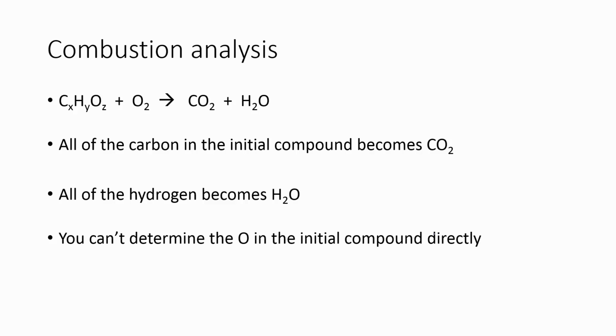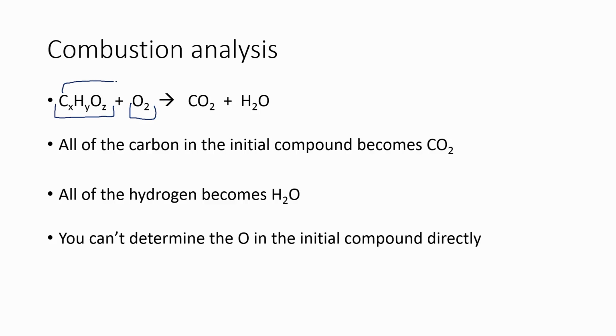There's one more type of analysis that does the same type of process to find the empirical formula, and that's combustion analysis. What this is doing is taking some compound that contains carbon, hydrogen, and oxygen and burning it, which means chemically combining it with oxygen.